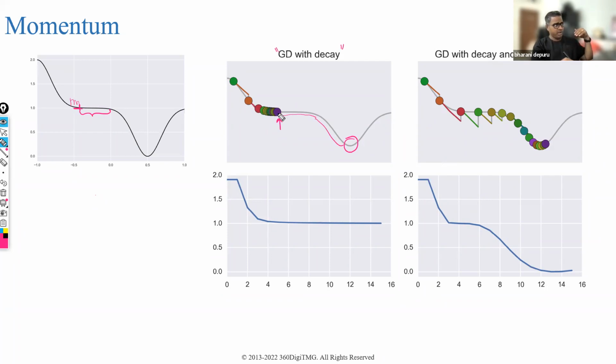But if you allow the ball to gain some momentum so that it moves further and reaches a minima, then amazing. That is the basic concept of momentum. If you only use a decay parameter, the learning rate keeps reducing, so your algorithm will end there. But if you give it momentum, it will move ahead and reach a better minimum.